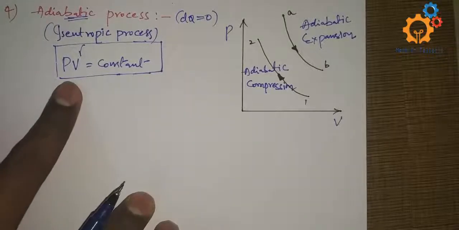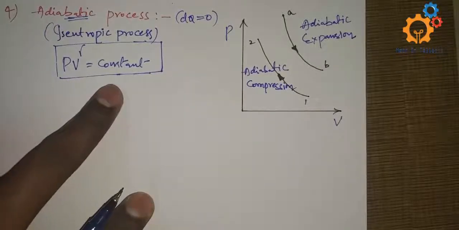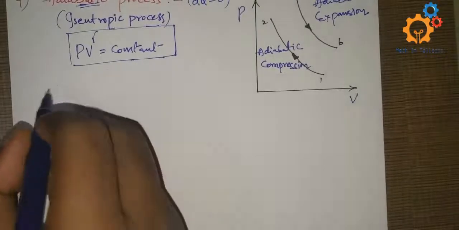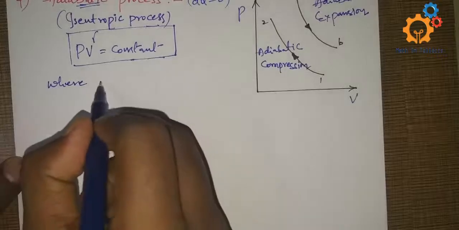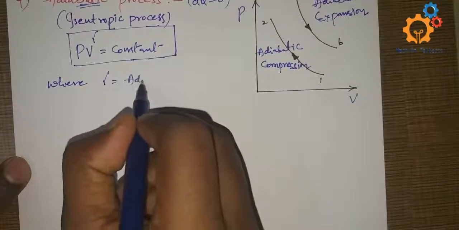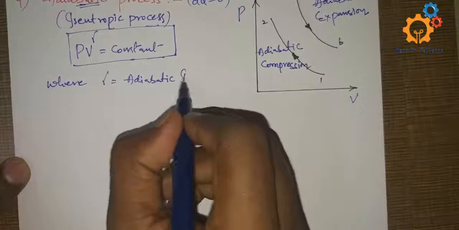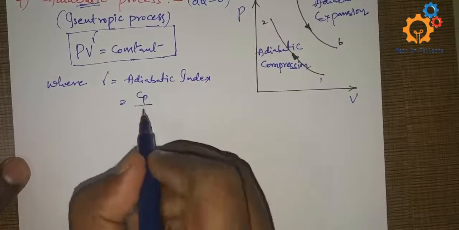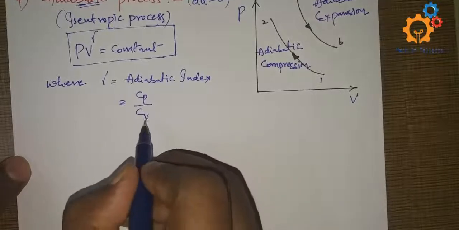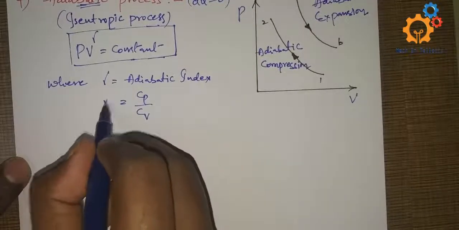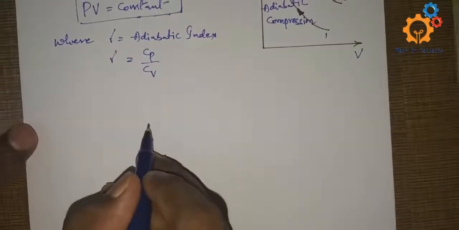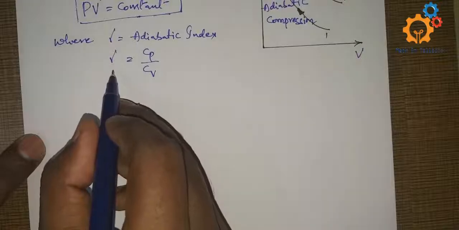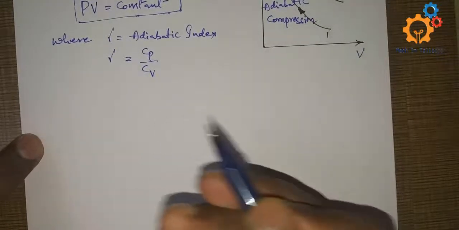The equation is PV^gamma is equal to constant, where gamma is the adiabatic index, and this can be written as the ratio of specific heats at constant pressure and at constant volume. Gamma is equal to Cp by Cv. This gamma is different for different gases like monoatomic gas, diatomic gas, triatomic gas.